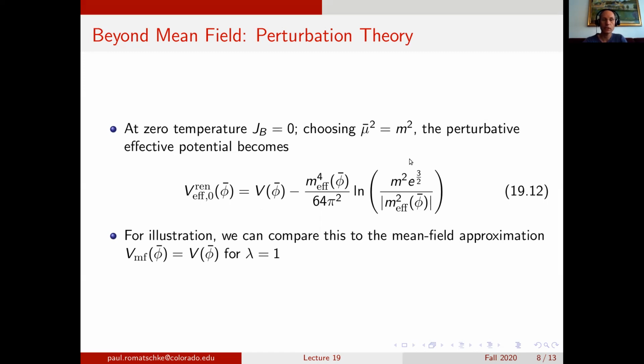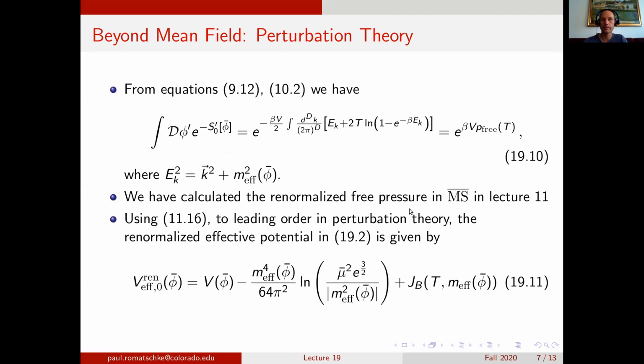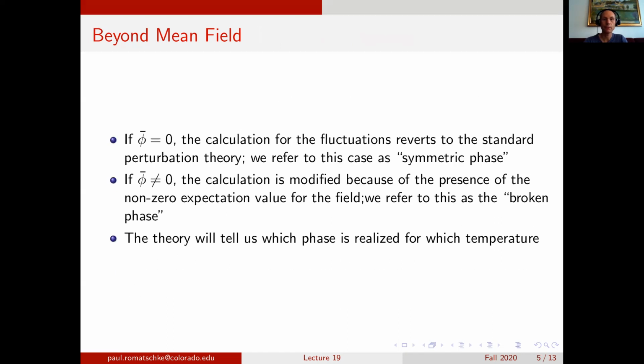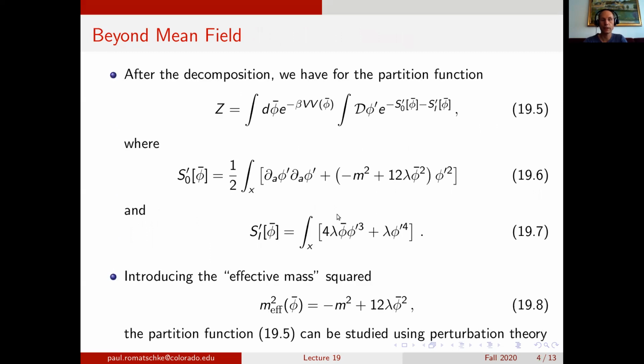It may seem strange that we have to choose a value for lambda, given that there is no lambda appearing explicitly in equation 19.12, but the coupling constant appears implicitly through the expression of the effective mass. Let me go back two slides, where we have an expression for the effective mass that indeed involves the coupling constant lambda.